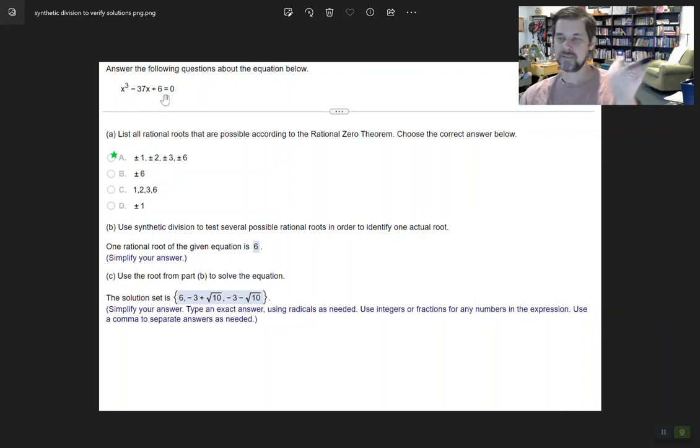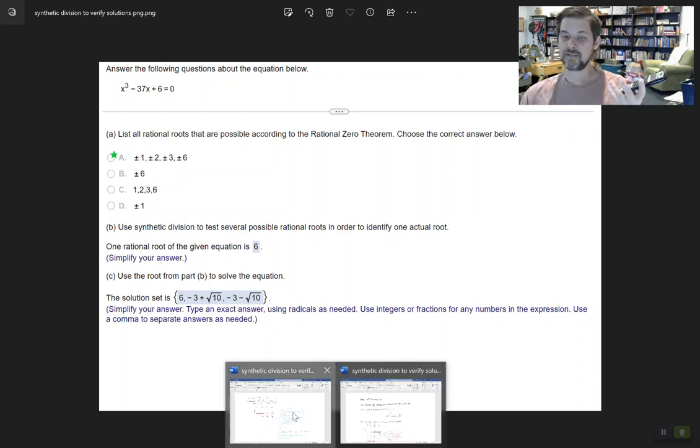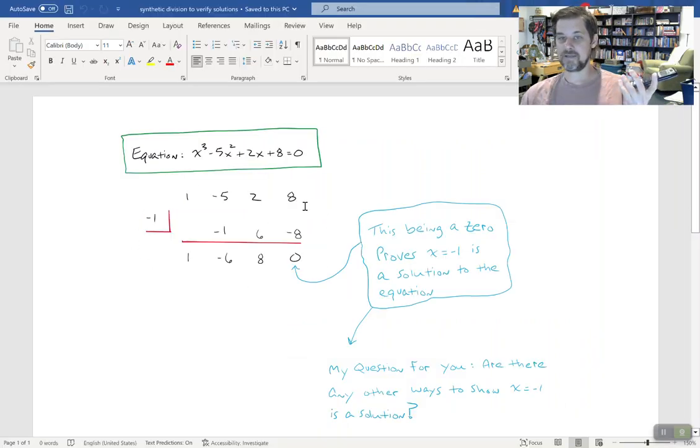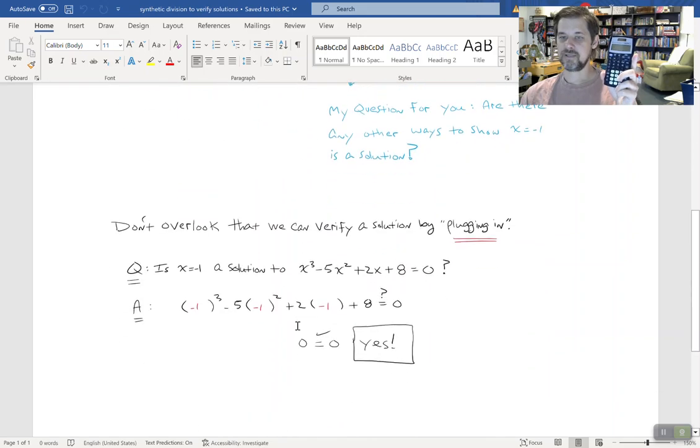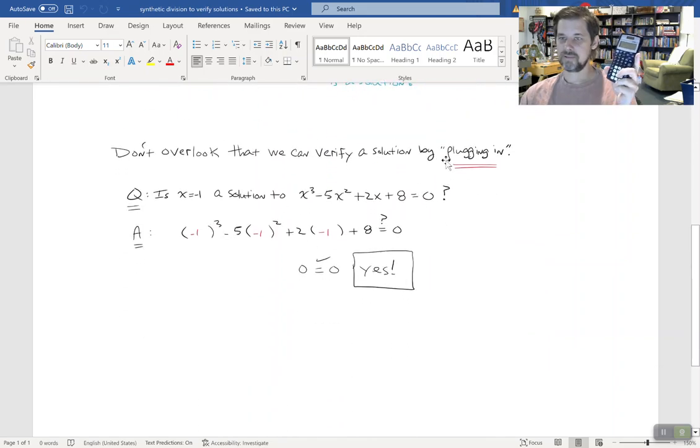But you can do it however you want. If you want to write out synthetic division for 1 and it didn't work, and then -1 and it didn't work, you're just doing a lot more writing. I think it'd be easier to just plug the number in and check it, just like I did here. Is -1 a solution? Plug it in, check it.